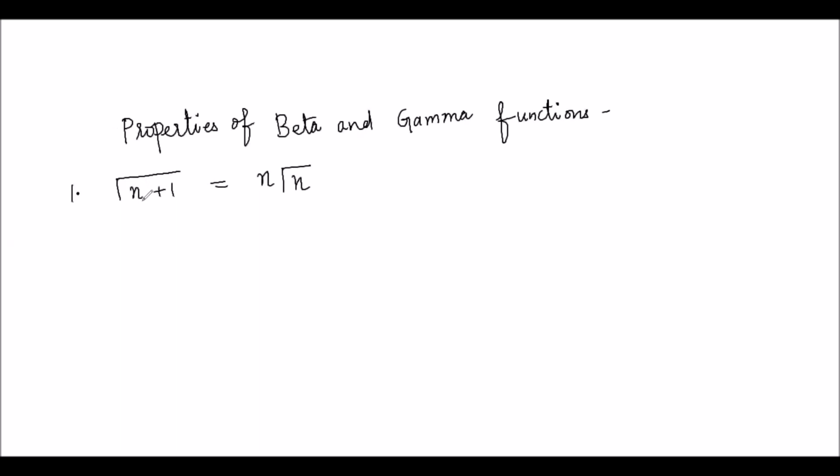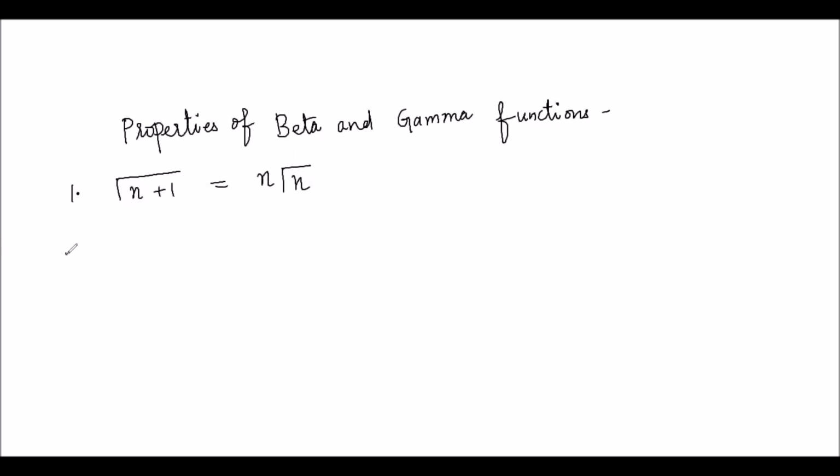We will be finding gamma of n plus 1 using the definition of gamma function, using the formula which we have discussed. And once we integrate it by parts, after integrating it once with respect to x, we will be able to prove this result.